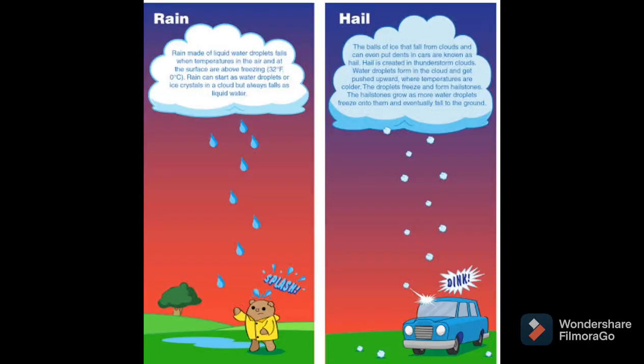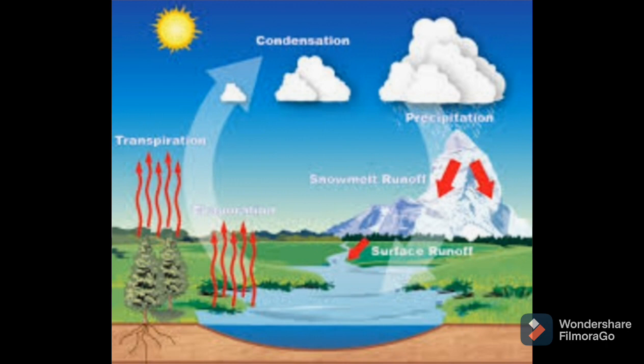Then these minute water droplets combine to form large water droplets, and as these larger water droplets are heavy, they fall on the earth as rain. This is called precipitation. Sometimes the temperature is too low, so the water droplets freeze and turn into snow or hail. All the water that comes to the earth flows again through rivers, ponds, lakes, and goes back to the ocean, available for evaporation. So this is a continuous cycle, called the water cycle.